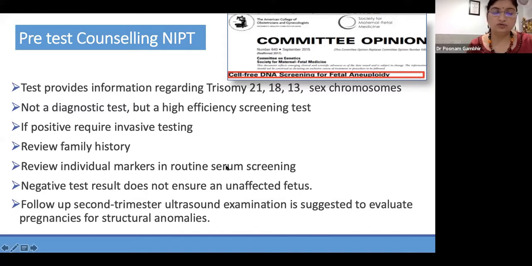If there is an isolated increase in AFP and you have ruled out other things, you need to filter whom to offer NIPT. A negative test result does not ensure an unaffected fetus, and a follow-up second trimester ultrasound is a must in all cases of screening in any form.